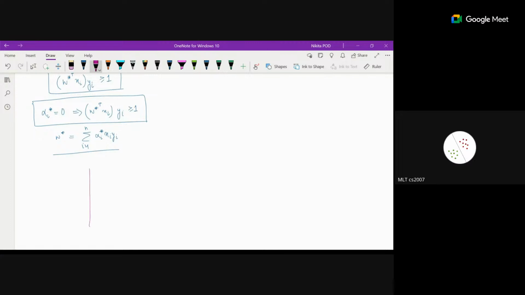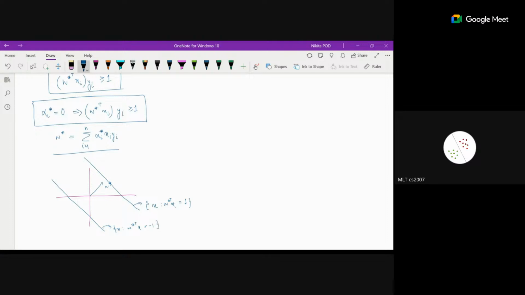So let's say this is my W star, and this is the hyperplane, the set of all x where W star transpose x is equal to 1. And this is the set of all x for which W star transpose x is equal to -1.